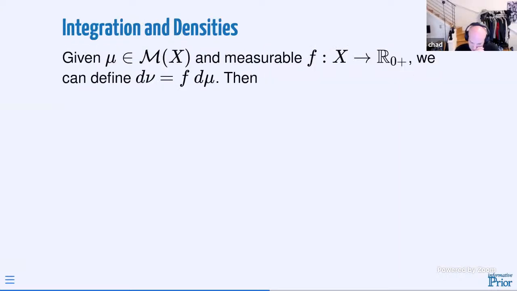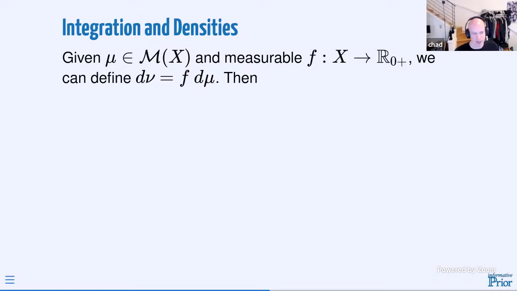Okay. Integration and densities. Integration is a way to start with some measure and get another measure. In the first example that we saw, we started with the measure on the real line, which turns out to be Lebesgue measure, just the length. And we put a density over that.